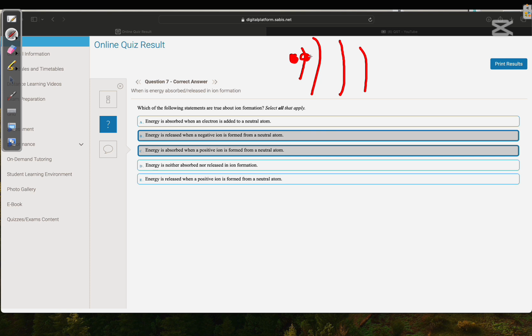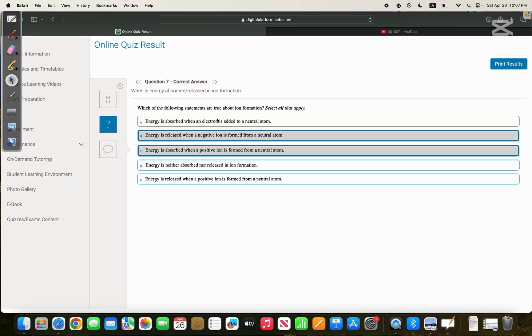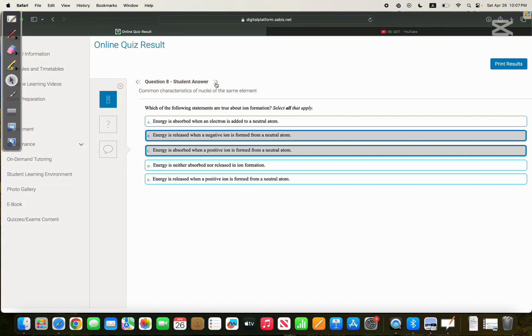Now to create a positive ion, we need to remove this electron. By removing it, we need energy, which is why energy is absorbed when a positive ion is formed. It's the opposite for a negative ion. So energy is absorbed when a positive ion is formed, and it is released when a negative ion is formed.